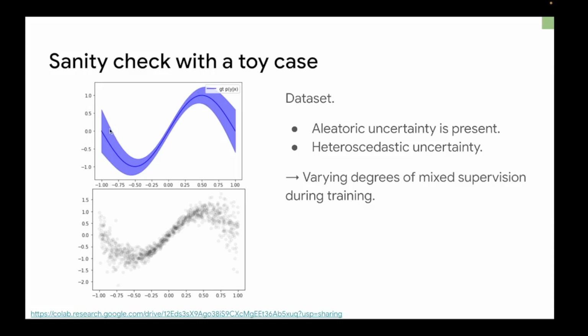So the width here is the true sigma. And this is heteroscedastic. Likewise, the samples show much more variance and much more mixed supervision towards the edge of the space, while for the center, you have more uniform output distribution.